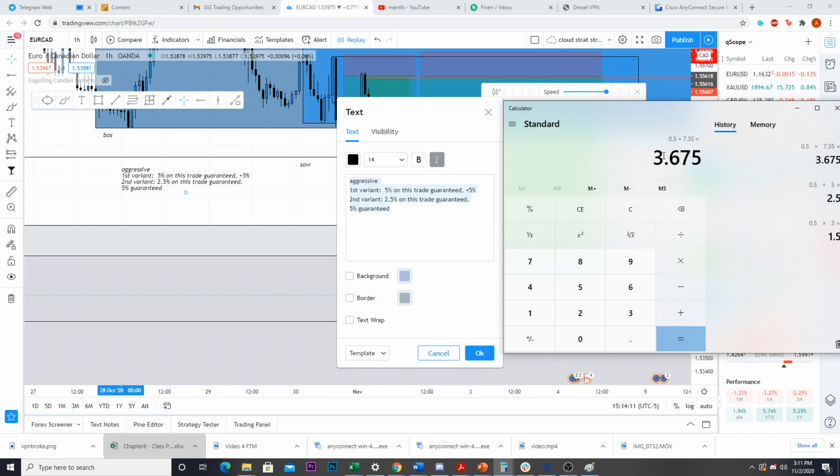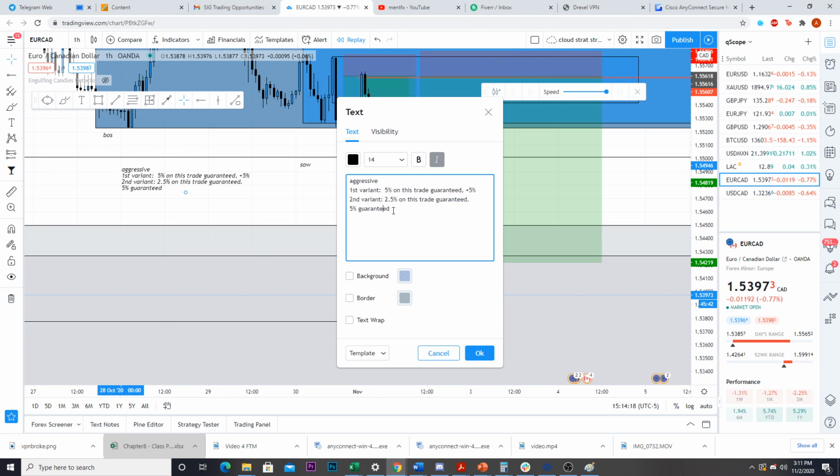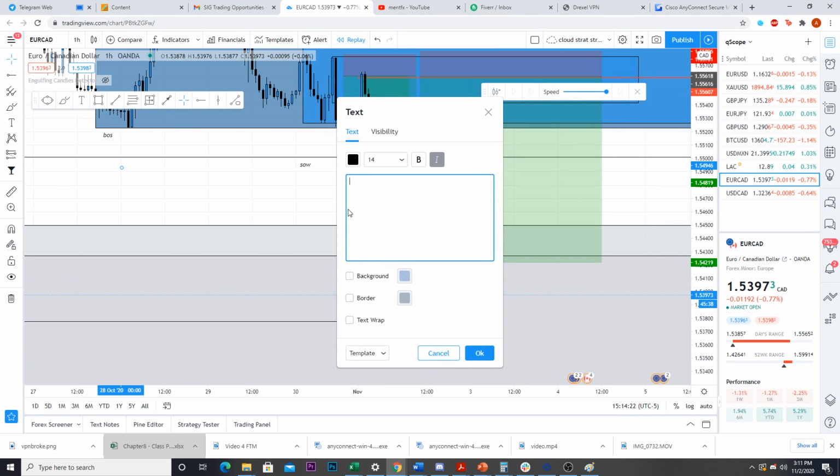So overall, if we add that to our original guaranteed 2.5, we have now locked in a guaranteed 6.175% on this trade guaranteed using variant 2 versus 5% guaranteed using variant 1.